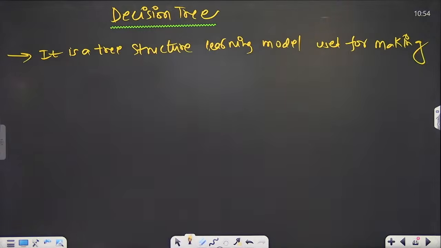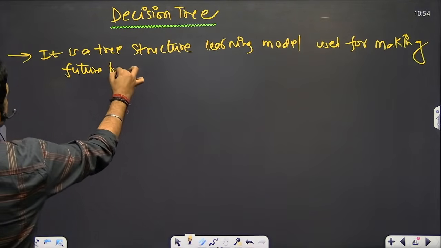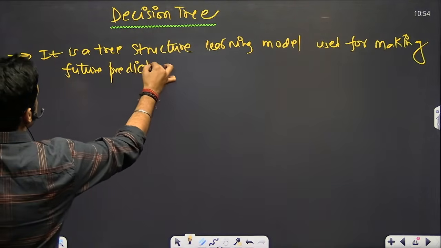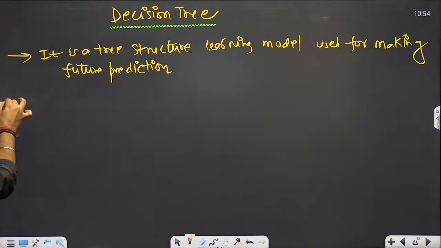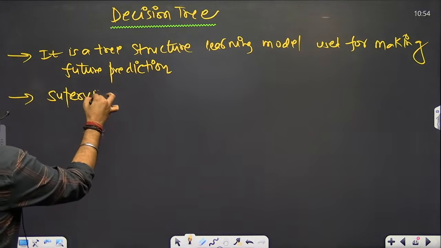Okay, it is a tree structure learning model used for making future predictions. It is a supervised learning algorithm.